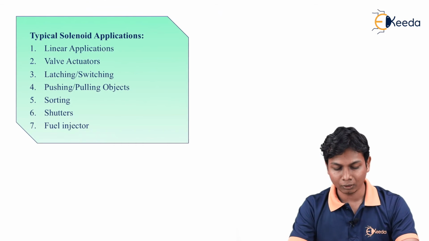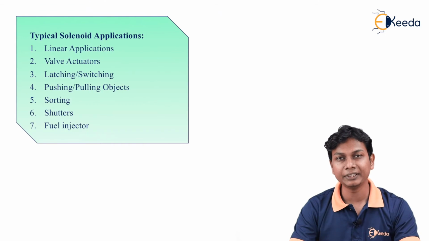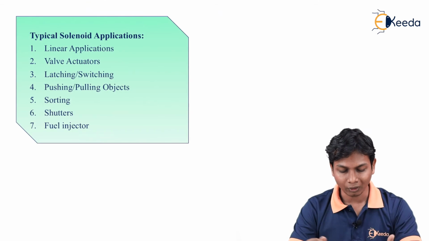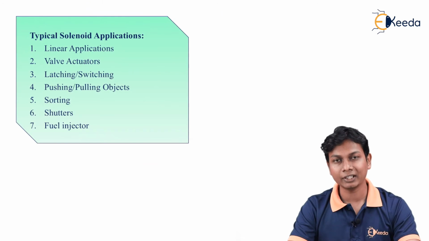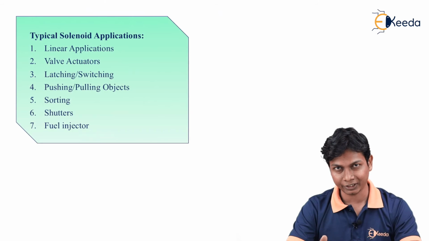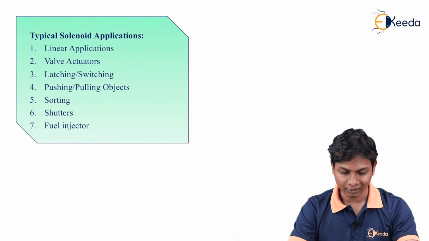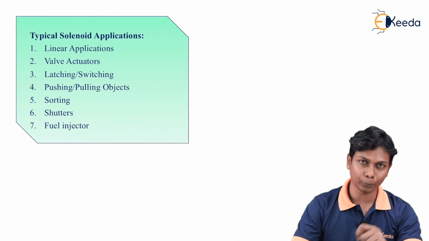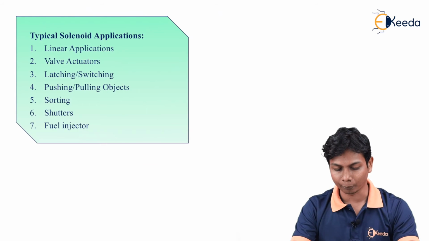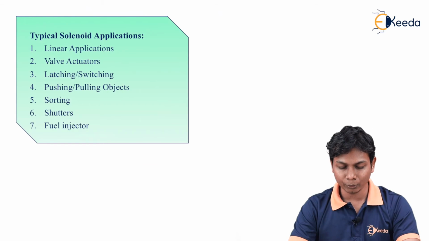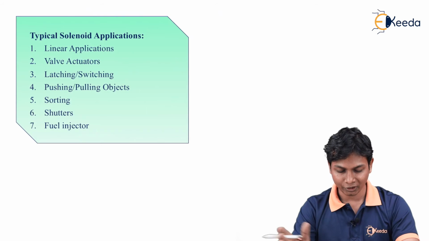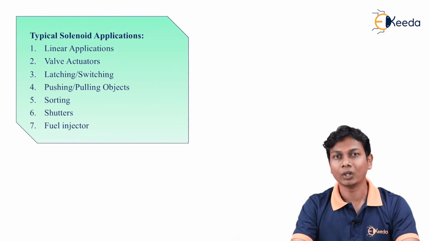A typical application of a solenoid is in linear applications: valve actuators, latching or switching purposes, pushing or pulling objects, sorting, shutter doors, and fuel injection.